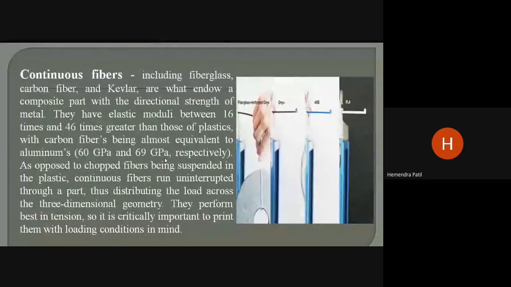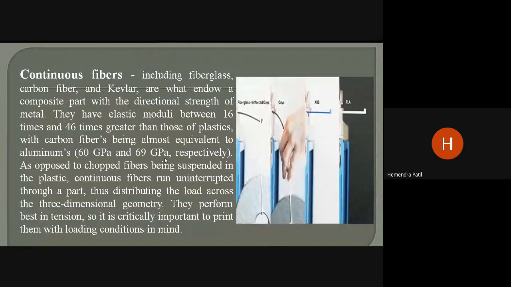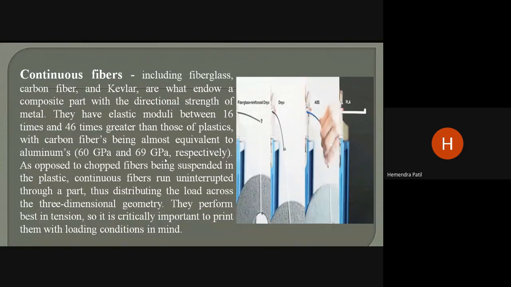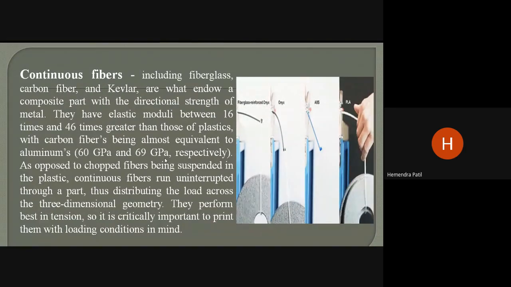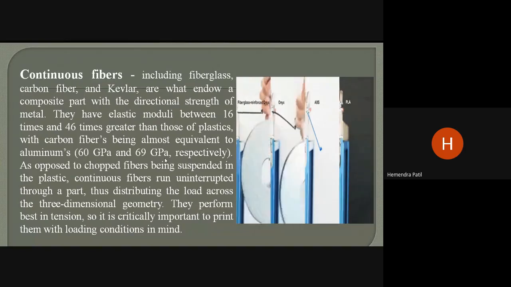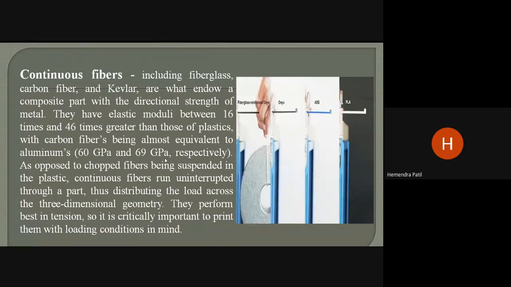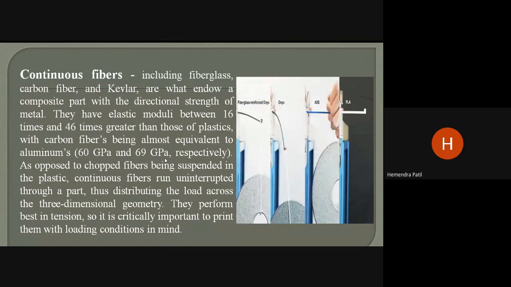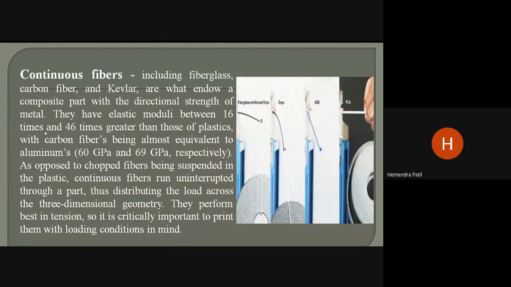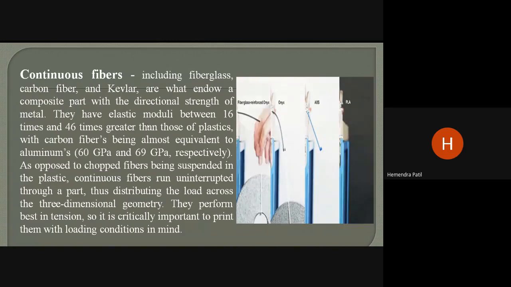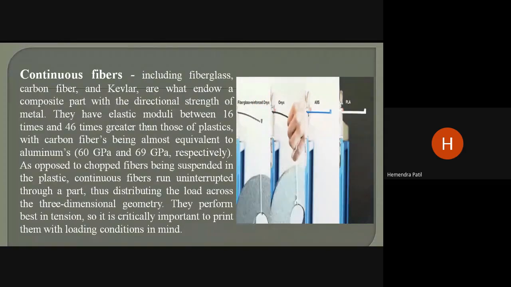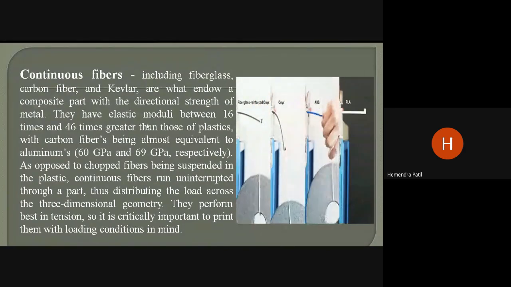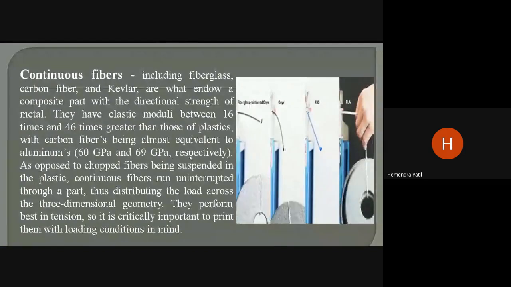Next one is continuous fiber. Continuous fibers, including fiberglass, carbon fiber and Kevlar, are what endow composite parts with the directional strength of metal. They have elastic moduli between 16 and 46 times greater than those of plastic, with carbon fiber being almost equivalent to aluminum, at 60 GPa and 69 GPa respectively.